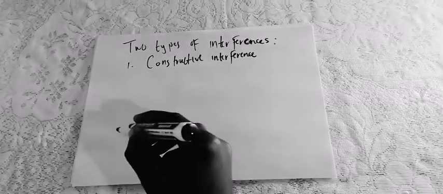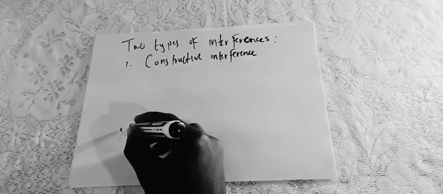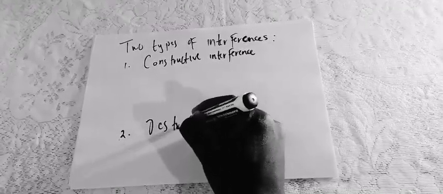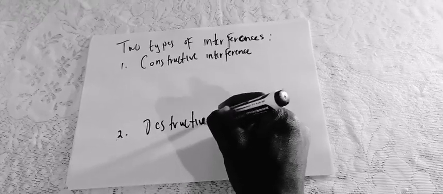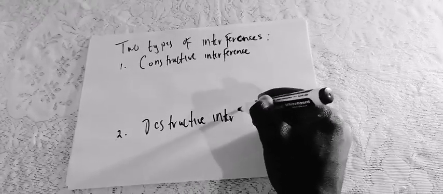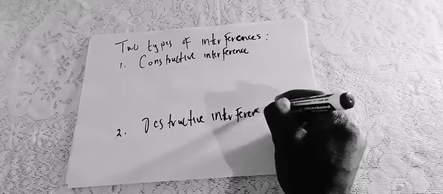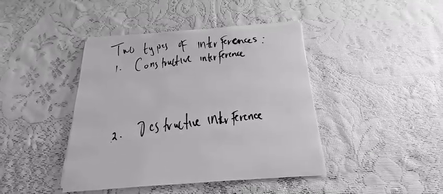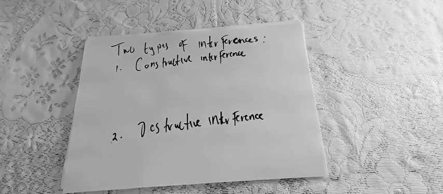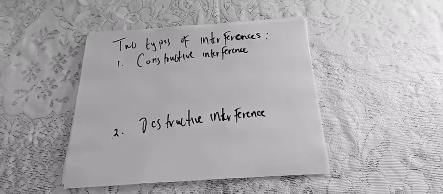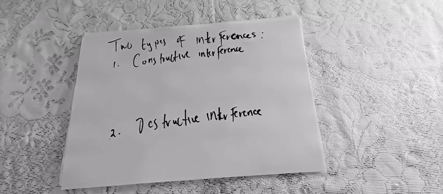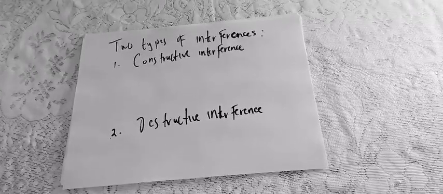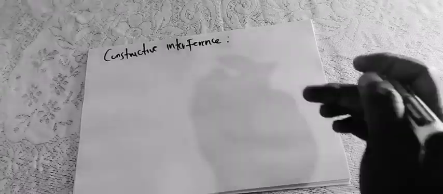And the second one, we have the destructive interference. You need to know how to differentiate them, when you're looking at them, that this is a constructive, this is a destructive. I don't know if you understand that, but we'll start with the constructive interference.